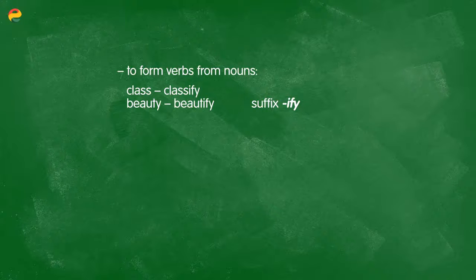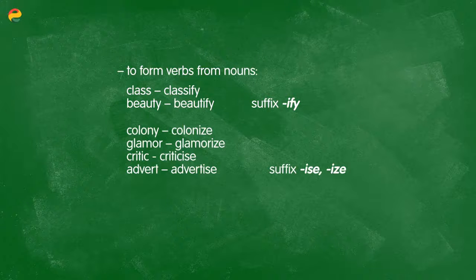Instead, you must use the ise or the ize ending, which primarily depends on whether you're reading British or American English. For example, colony then will become colonize to make the verb. Glamour, glamorize. Critic, criticize. And advert becomes advertise.